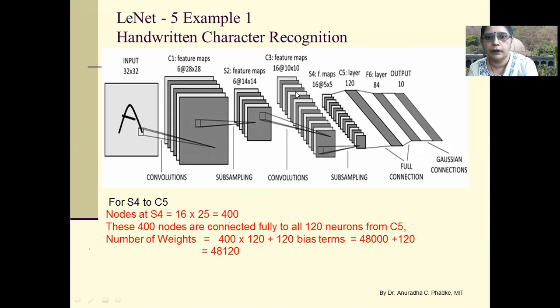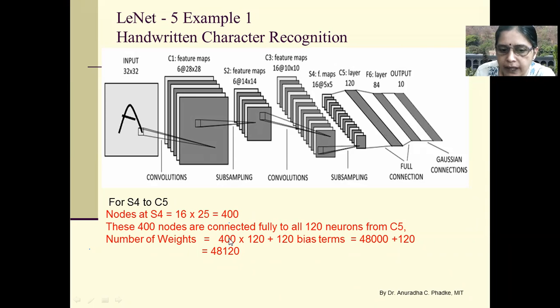So after completion of these two convolution layers and subsampling layers, there are fully connected layers. So here your image is 2-dimensional. We need to convert it to 1 dimension. So it will become 16 into 5 into 5. So total there will be 400 nodes. 400 nodes are to be connected to all these 120 nodes.